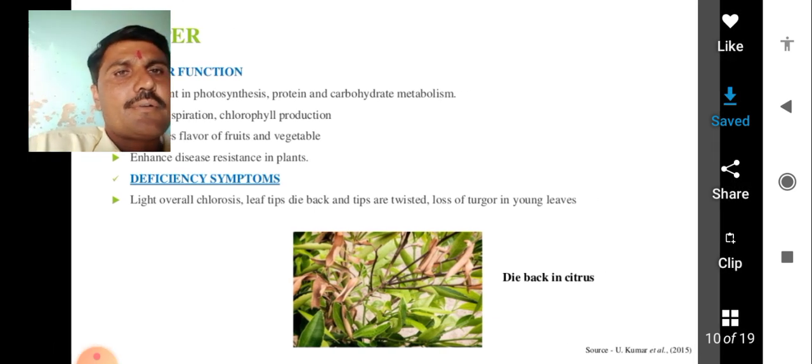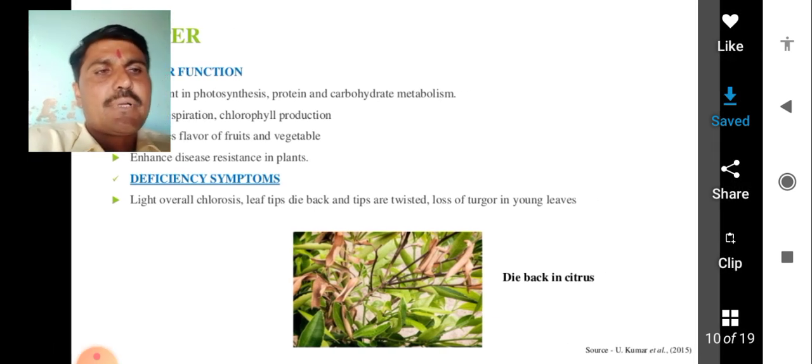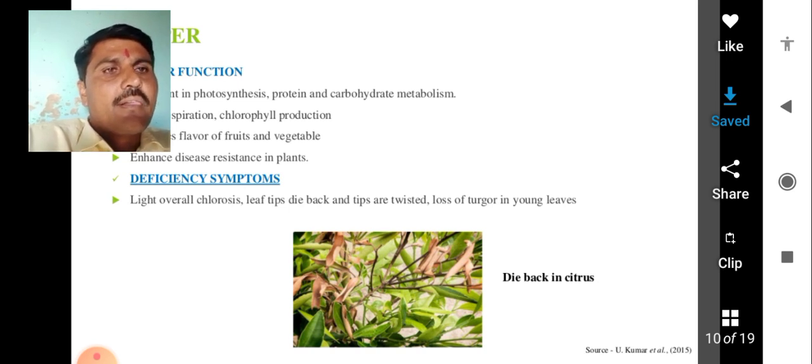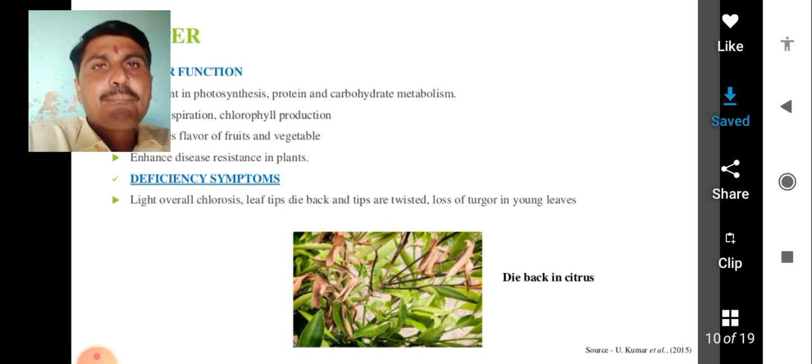Regarding the copper, there is a good example in the fruit orchards. You can look at the citrus orchards and citrus gardens. The overall chlorosis of the leaf tips, dieback, and twisted tips, and a loss of turgor in the young leaves have been observed.